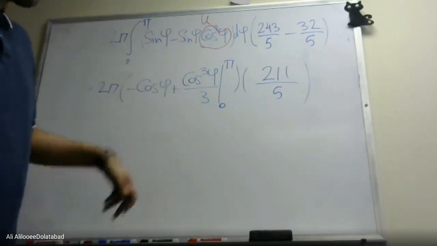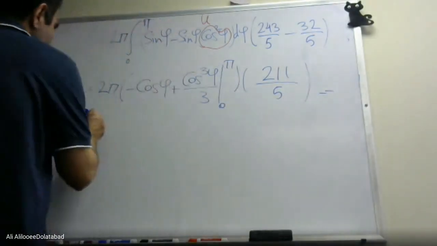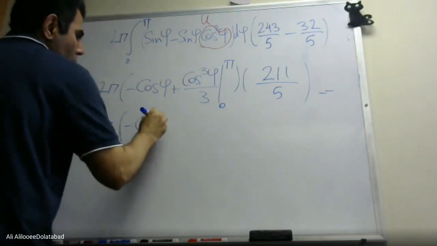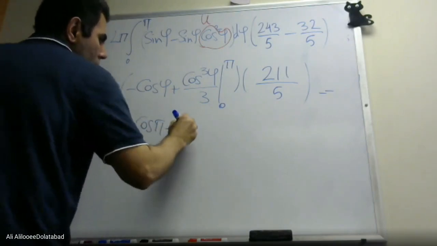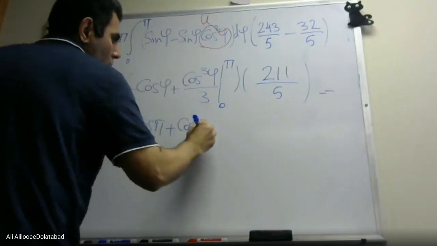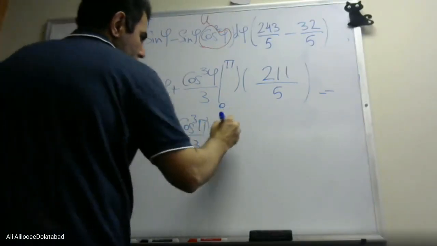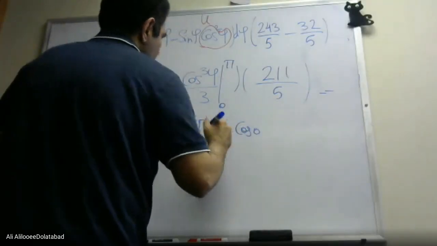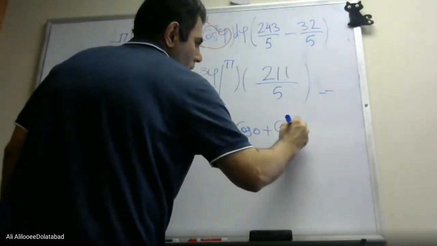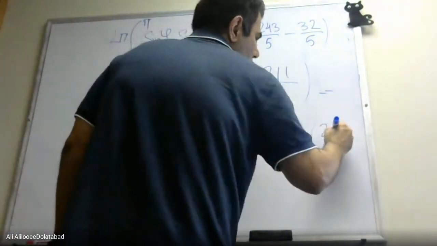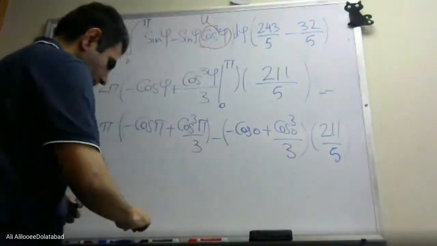So we will plug in pi, we will plug in 0 and subtract: 2 pi times minus cos of pi plus cos cubed of pi over 3, minus negative cos of 0 plus cos cubed of 0 over 3, times 211 over 5.